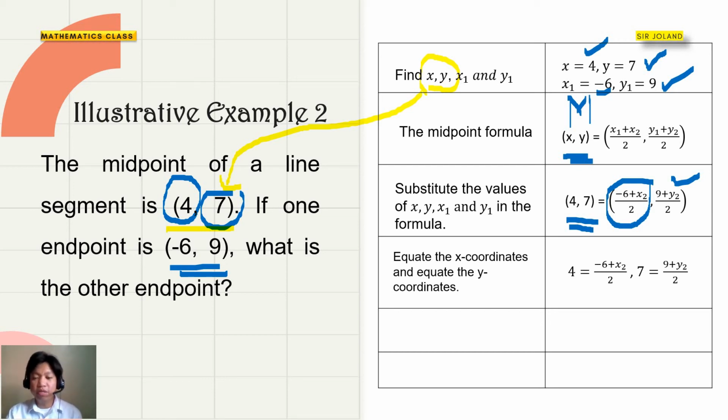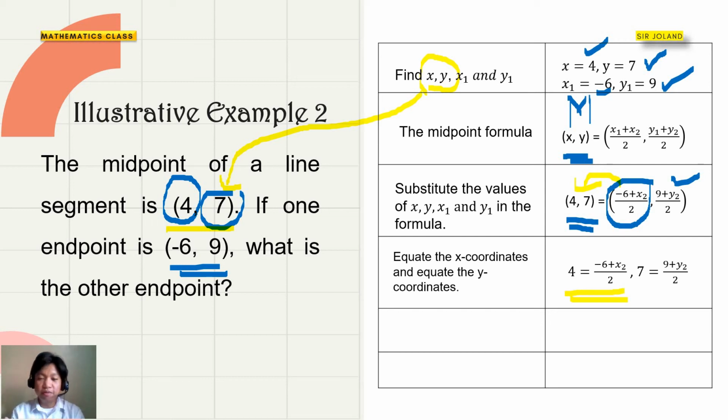Therefore, yan ang gagamitin mo para na value equivalent ng ating coordinates ng midpoint. So that's why, i-equate mo siya sa 4. Yung 4, i-equate mo sa x coordinates. So magkakaroon ngayon ng equation: 4 is equal to negative 6 plus x sub 2 all over 2.